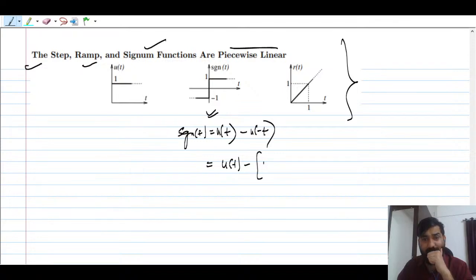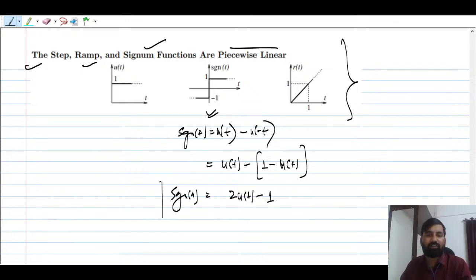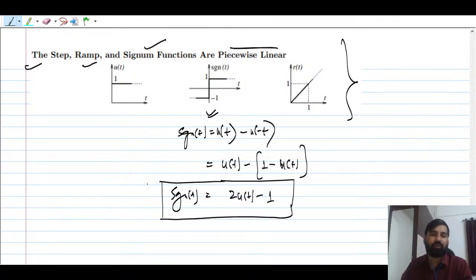This can be written as u of t minus (1 minus u of t), so it is nothing but 2 u of t minus 1. Sometimes this is also very important. You are able to express signum of t using 2 u of t minus 1, right?